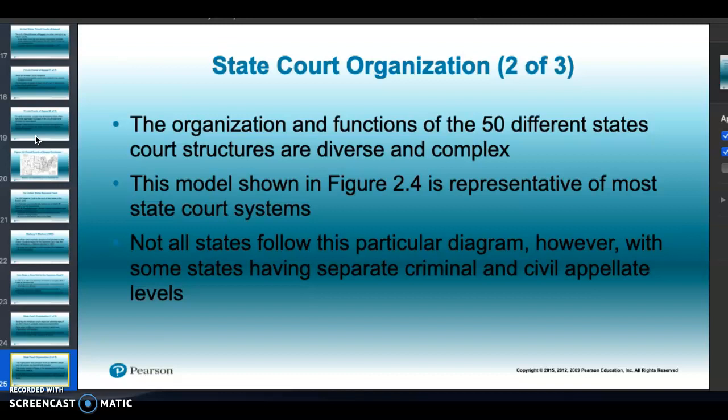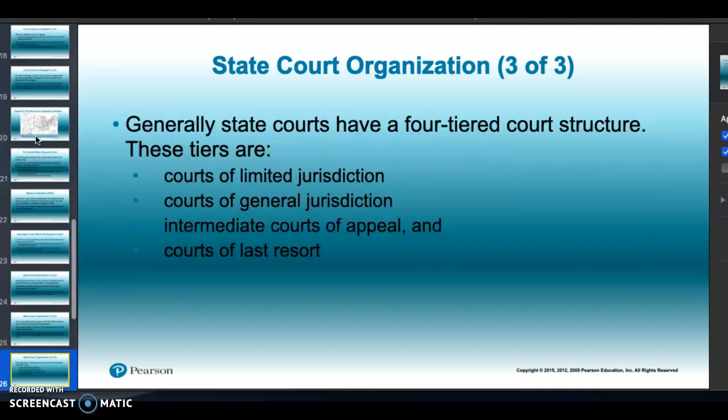If you look at your book, figure 2.4, which is actually on pages 34 and 35, it's going to try to explain to you what most states have. It doesn't necessarily cover all states, but California, for the most part, follows that particular diagram.